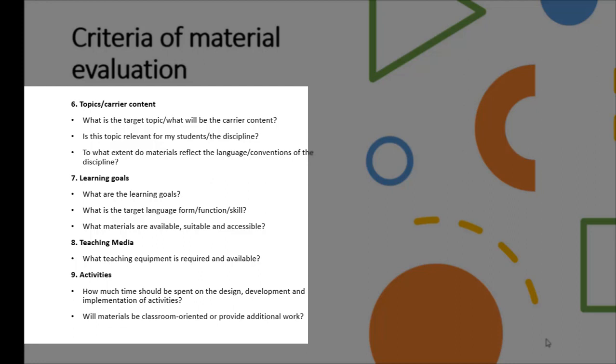To what extent do materials reflect the language convention of the discipline? Next, learning goals. And you have to consider the learning goals. What are the learning goals? What is the target language form, function, skill? What materials are available, suitable, and accessible?